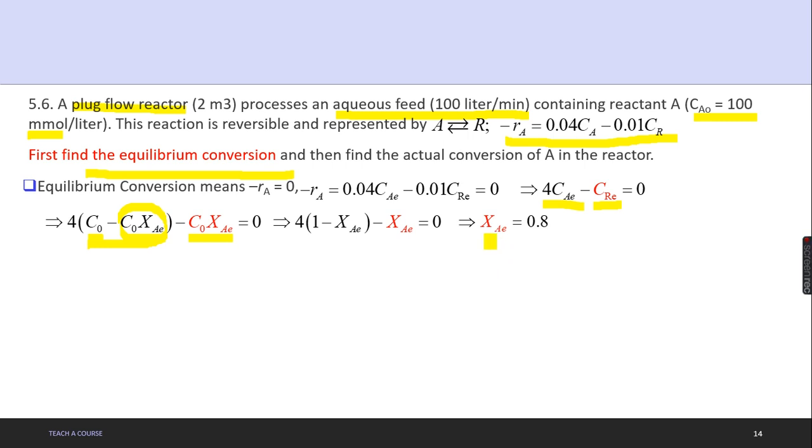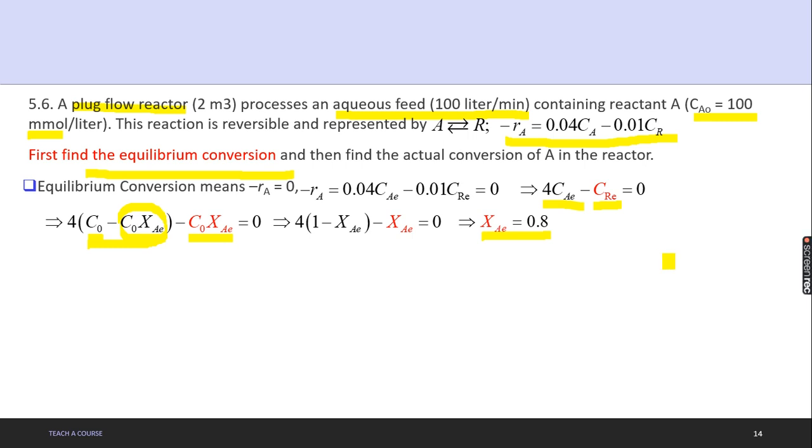So XAE equals 0.8. That is the equilibrium conversion of A in any reactor system. If we assume this reaction happens in batch mode, then we will reach a conversion of only 0.8. Now we are going to a plug flow reactor.